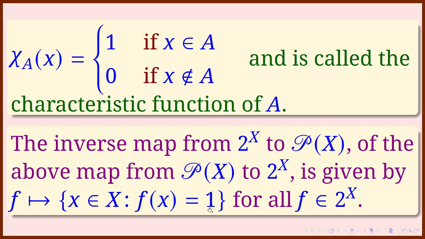So f goes to this set. This is a subset of X, and this is the inverse map of the earlier one, because if you start from this set and send it to its characteristic function, the characteristic function of this set is actually our small f. You can readily check it.